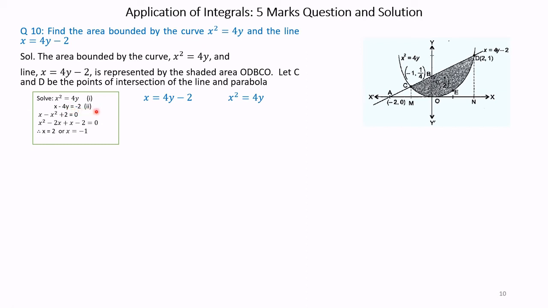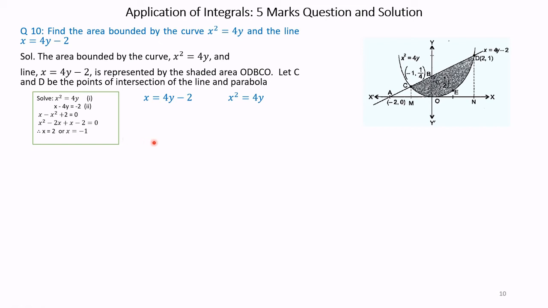That is equation 2. Solving this, we get the quadratic equation x square minus 2x plus x minus 2 equal to 0, factorizing, x is equal to 2 or x is equal to minus 1, which you know thoroughly from the knowledge of your previous classes.